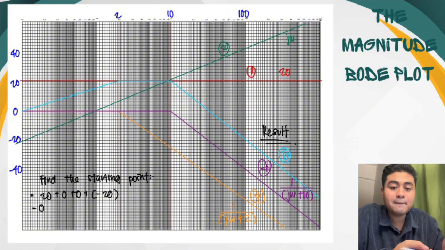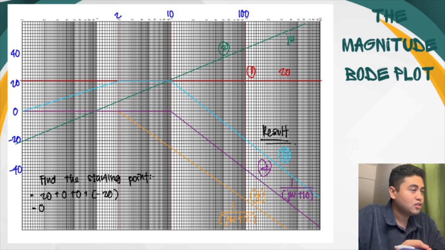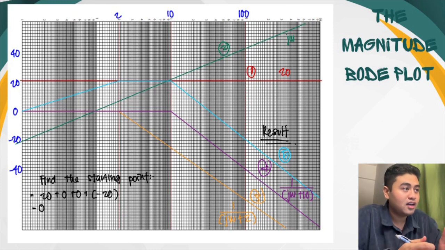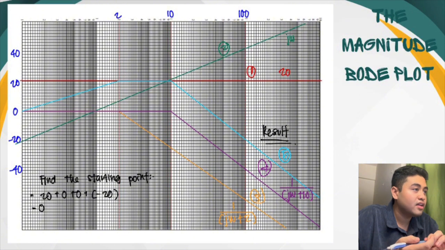So you just sum all of them. As you can see below on the slide, the starting point is 20 plus 0 plus negative 20, and then you get 0. So 0 is the starting point. It's not the line, it's the starting point where you want to start the result graph. So you have 0. The region between 0 and 1, you can see the graph is upward.